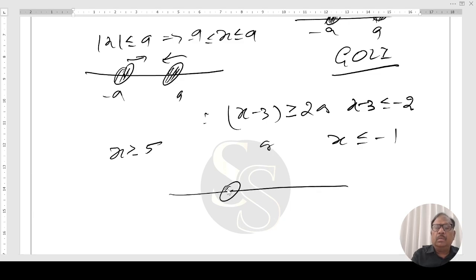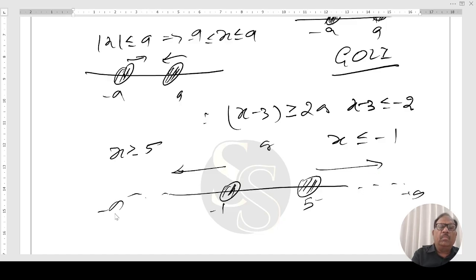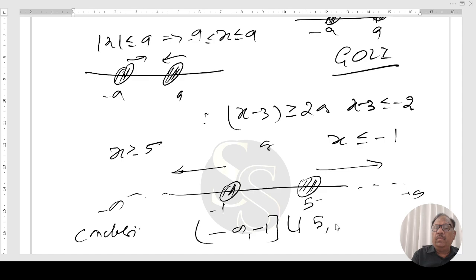On the number line, with minus 1 and 5, the conclusion is minus infinity to minus 1, closed interval, union 5 to infinity. This is the answer.